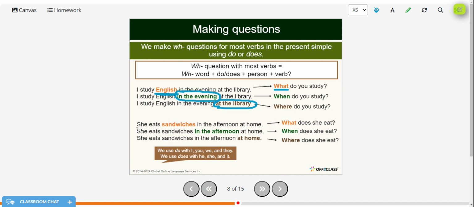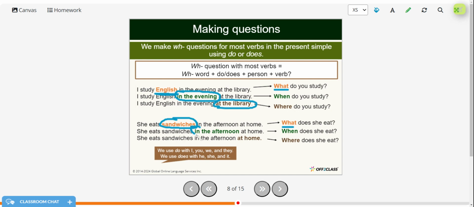All right, another example here. So in this one, we know that she eats in the afternoon at home, but we want to know what she eats. So we would say, what does she eat? She eats sandwiches. Now, maybe this time we know that she eats sandwiches at home, but we want to know the time.